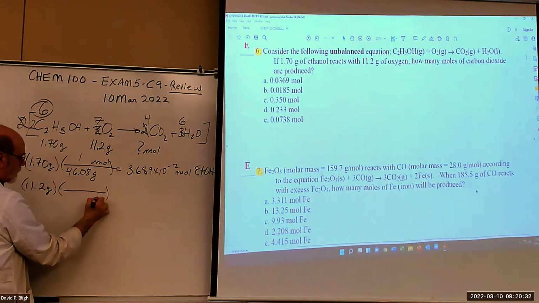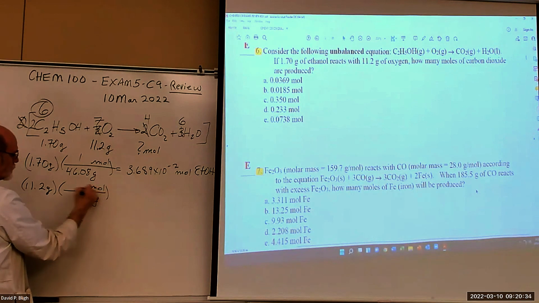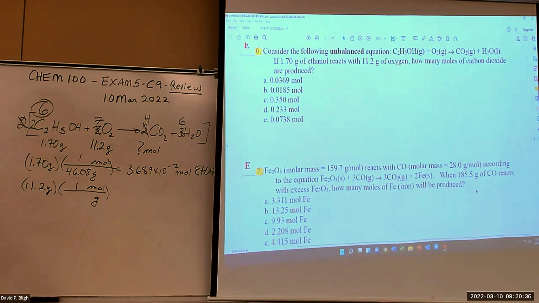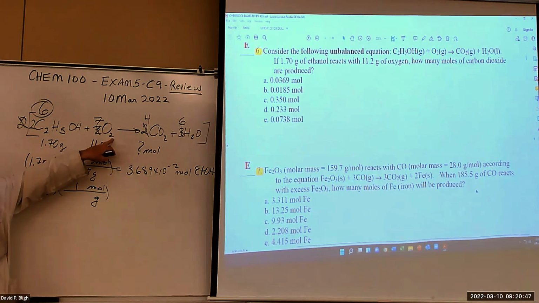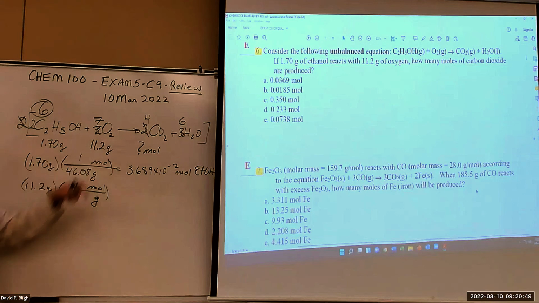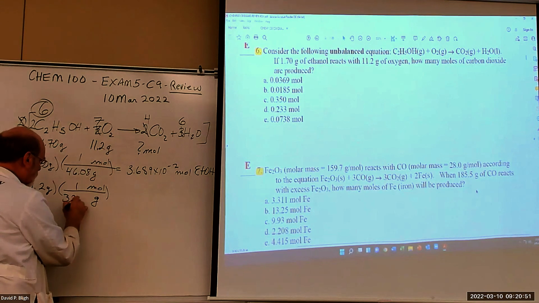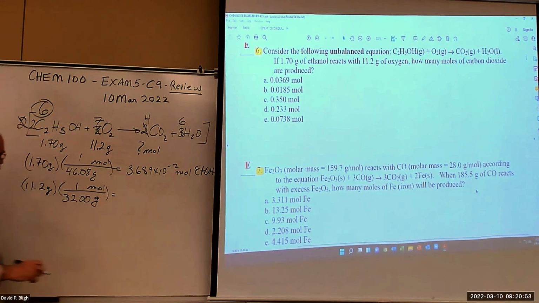And we need to convert it to moles. Remember the molar mass of oxygen? 16 for 1 oxygen. We got 2, don't we? 32 grams. So 32 divided into 11.2.